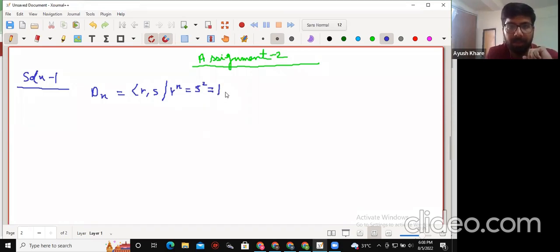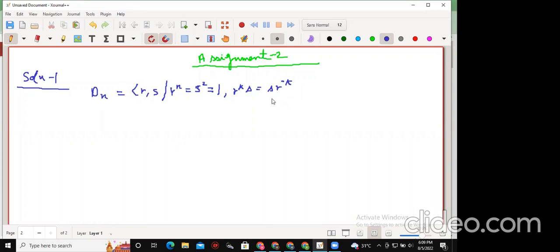And in addition to that, you also have r^k s equals s r^(-k), where k is running from 1 to n, where 1 is less than or equal to k less than or equal to n.